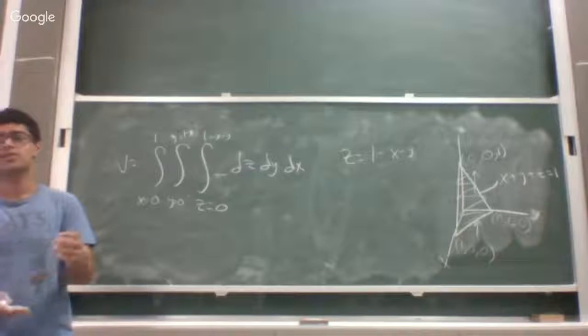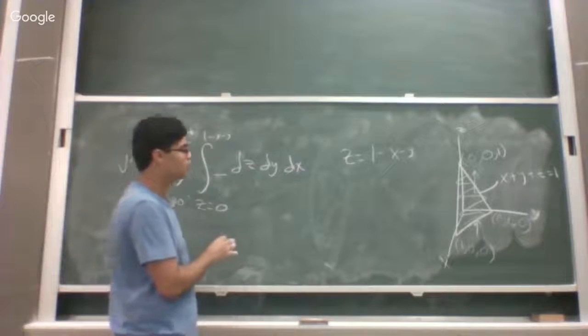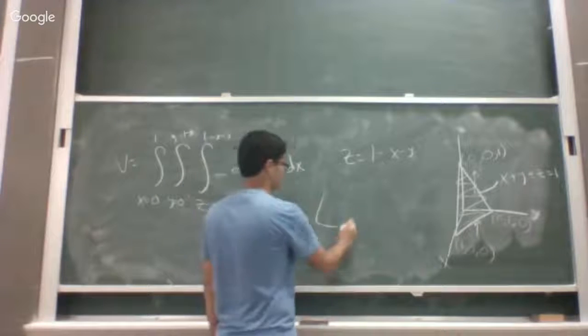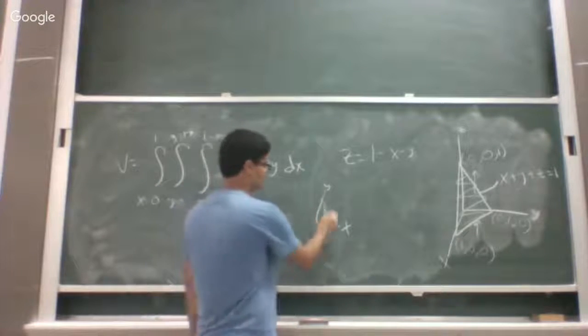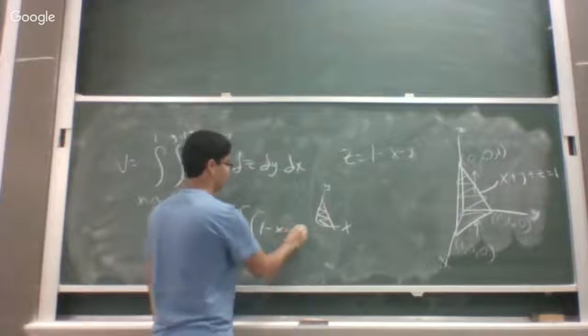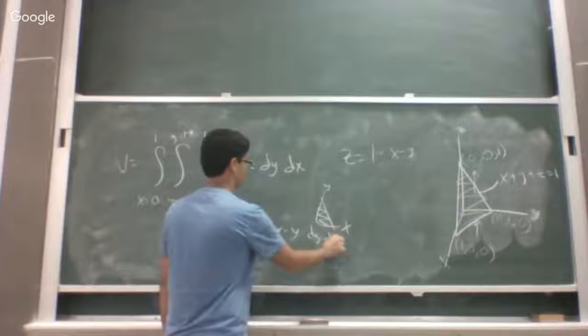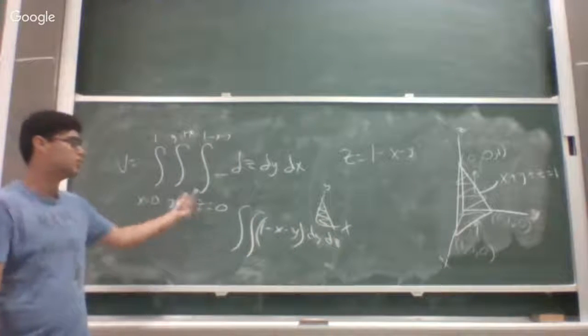If we wanted just the xy plane in this problem, we'd have a double integral of 1 minus x minus y dy dx. And in the end, these turn out to be the same.